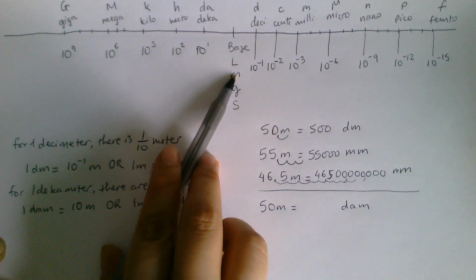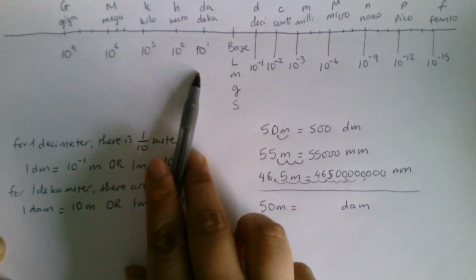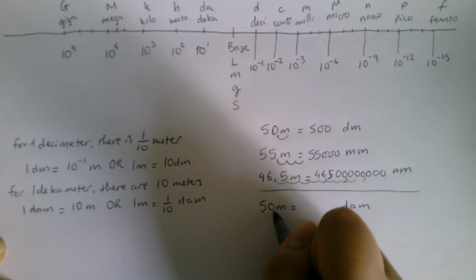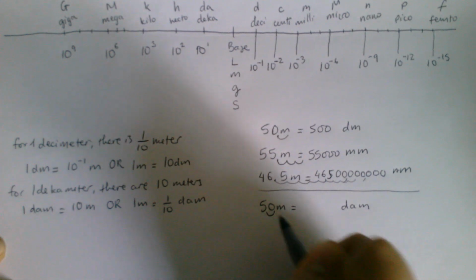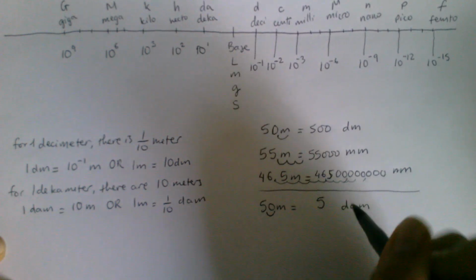Here's meter going to the left once. So here's the decimal, we go to the left once. That's just 5.0 or 5 decameter.